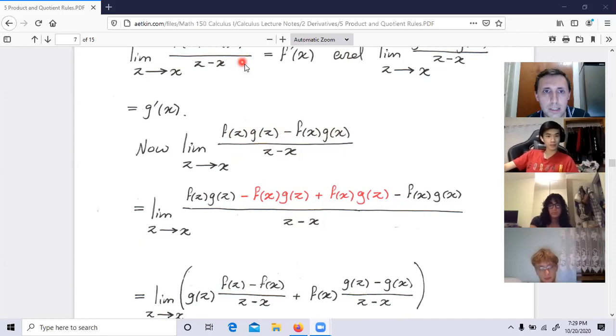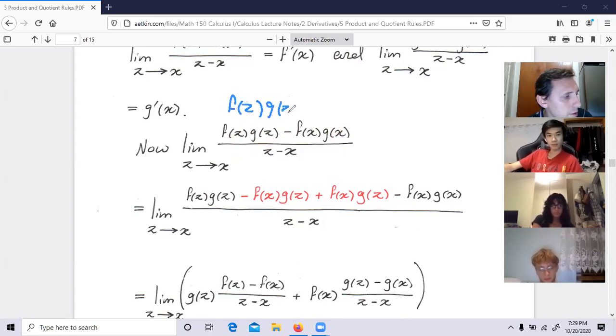So look at it, guys. I think of it and I say, oh, I'm not very happy with this expression. What if it were f of z, g of z, minus f of x, g of x? Then I will be able to simply factor out g of x.